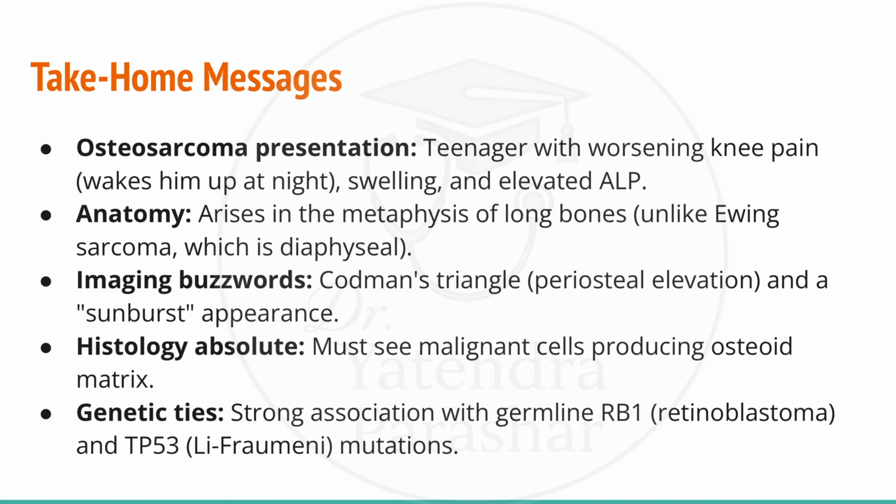Histologically, we can see malignant cells producing osteoid material, and genetics involve the RB1 and TP53 genes, which are involved in the hereditary risks for osteosarcoma. In older patients, osteosarcoma is commonly associated with Paget's disease of the bone.